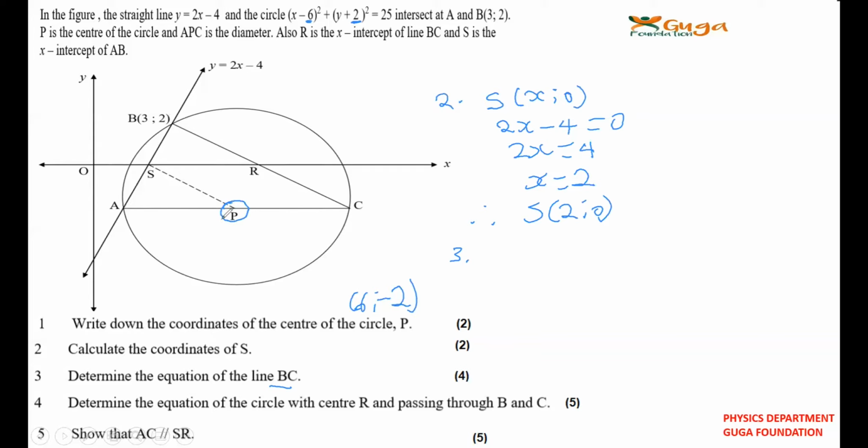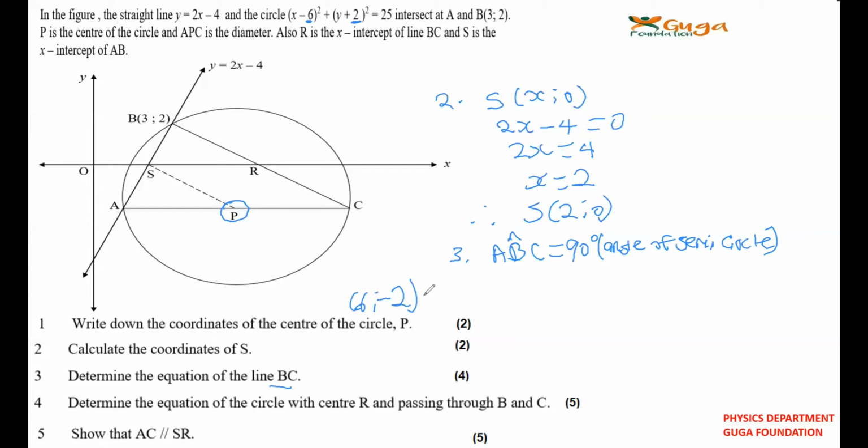So angle ABC is equal to 90 degrees, the reason being that it is the angle in a semicircle.